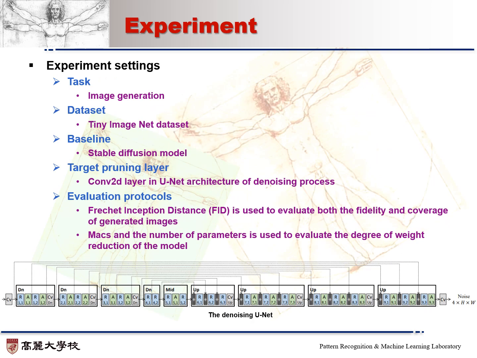The primary task for this experiment is image generation. I aimed to generate high-quality images using a pruned diffusion model while maintaining or improving performance compared to the baseline.